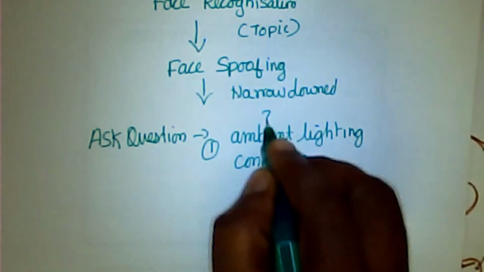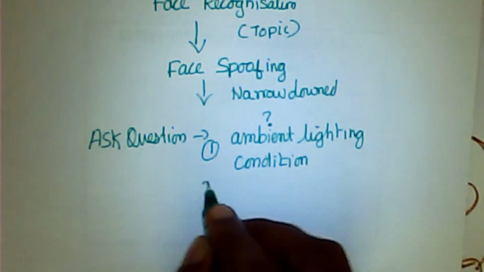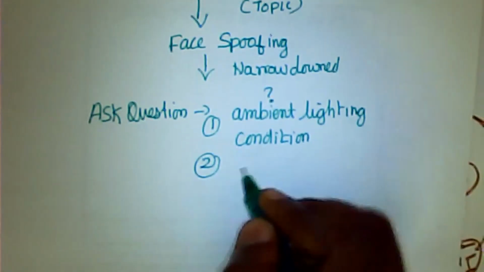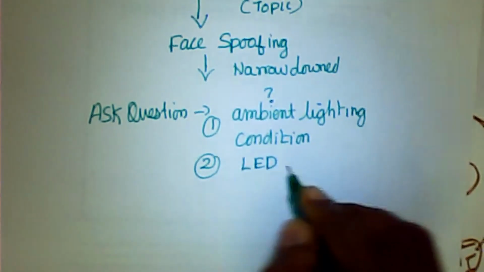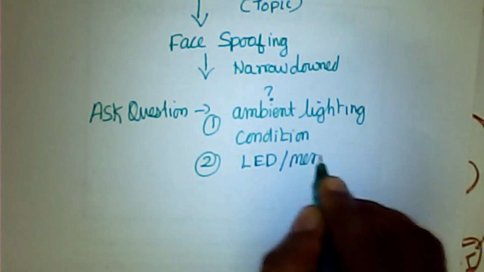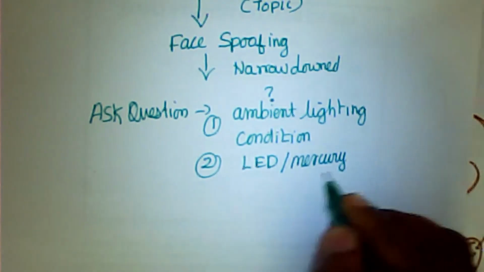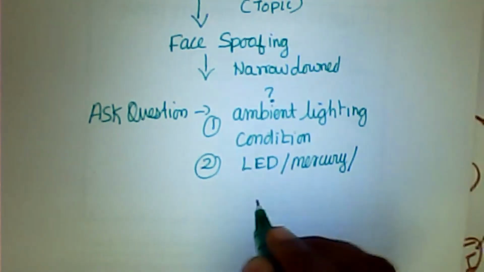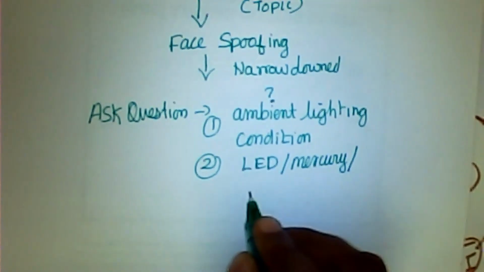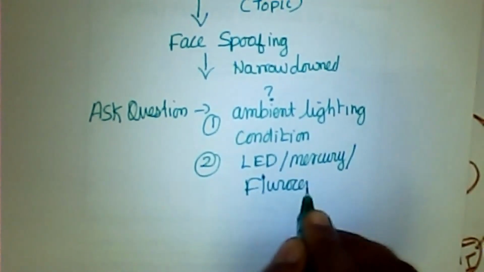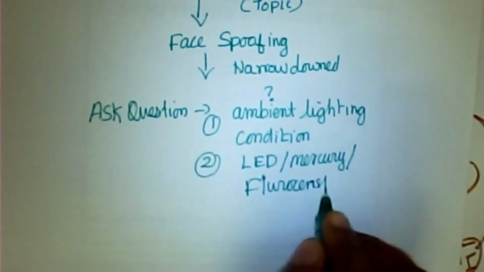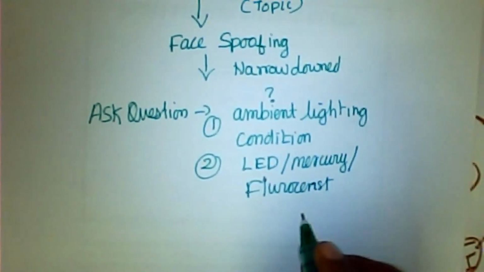Second thing, what about different lightings? For example, LED lighting, mercury lighting, or what about fluorescent lighting?